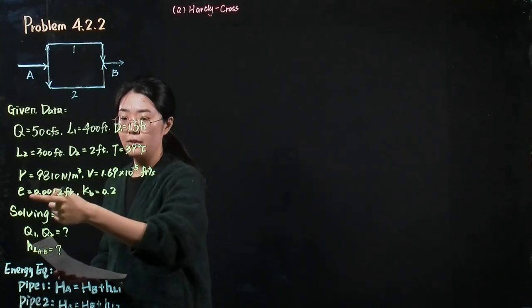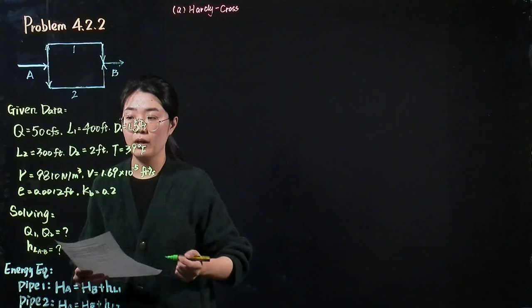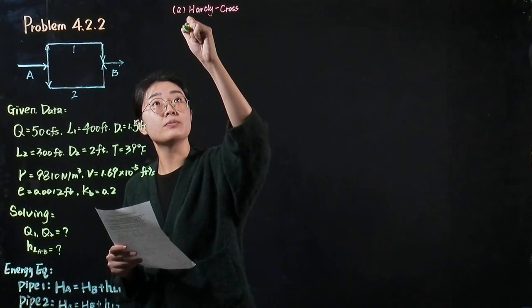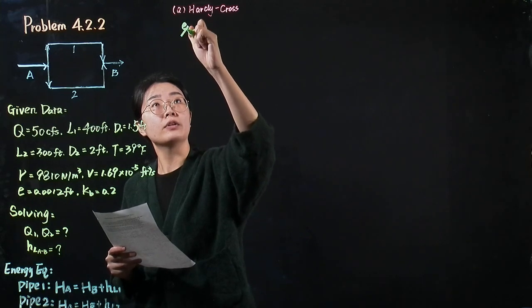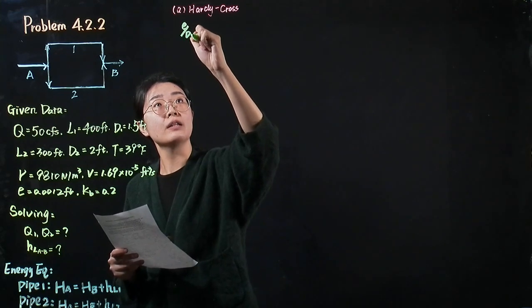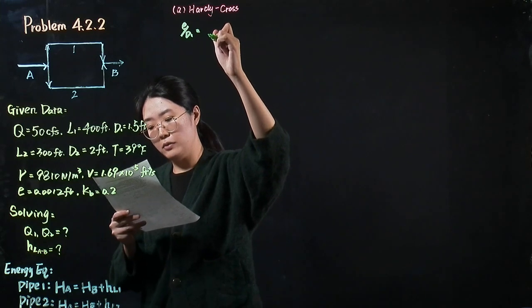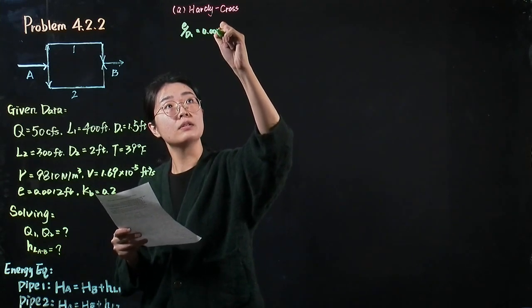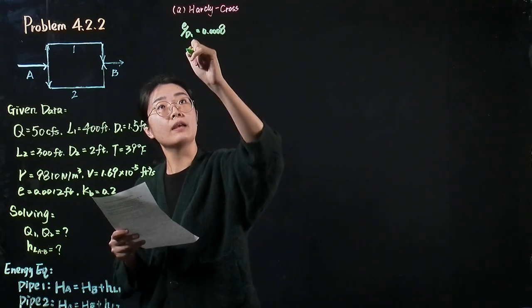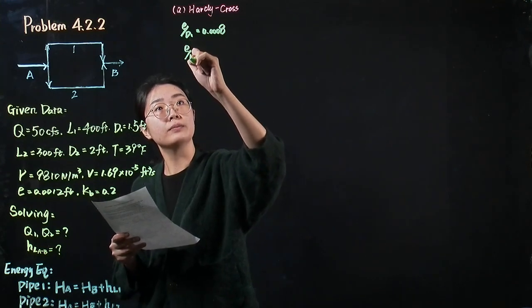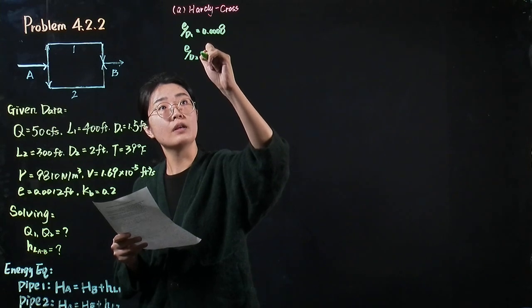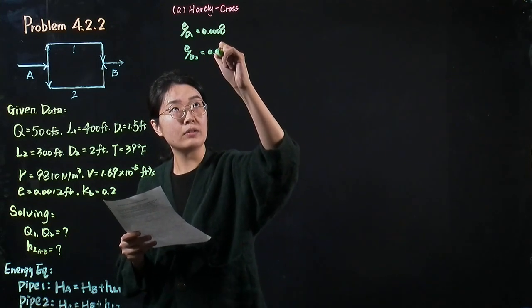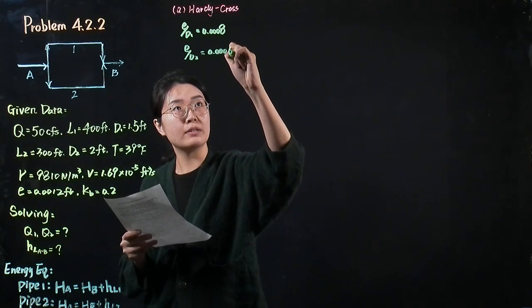Because the roughness and diameter are given, we can calculate the relative roughness in each pipe. For pipe 1, the relative roughness is equal to 0.0008, and for pipeline 2, the relative roughness equals 0.0006.